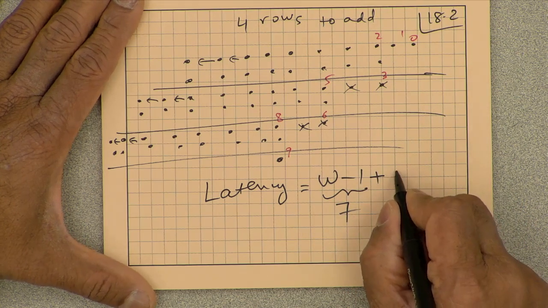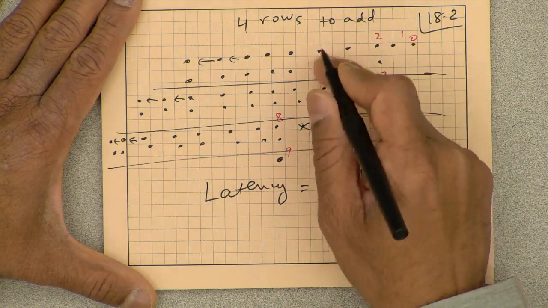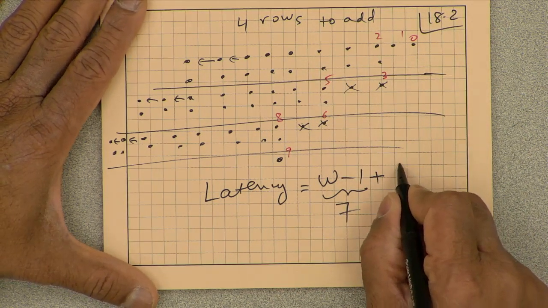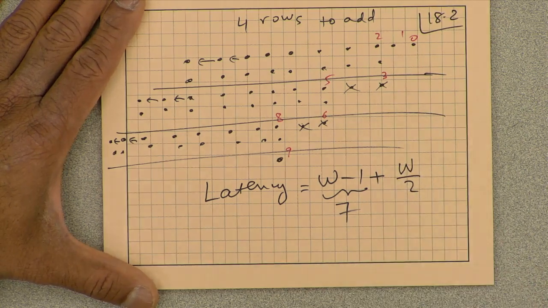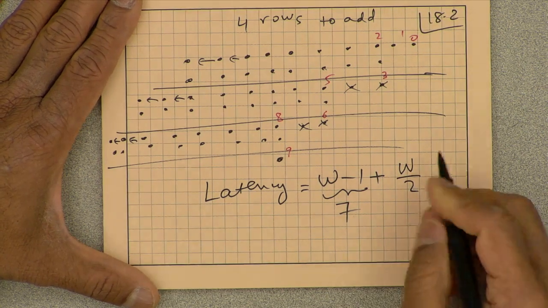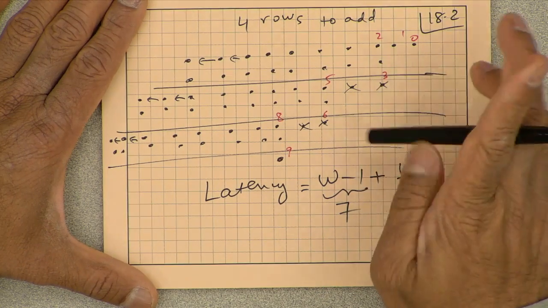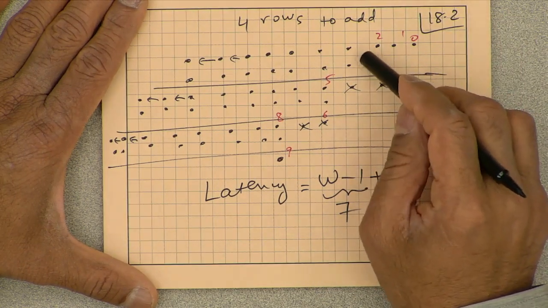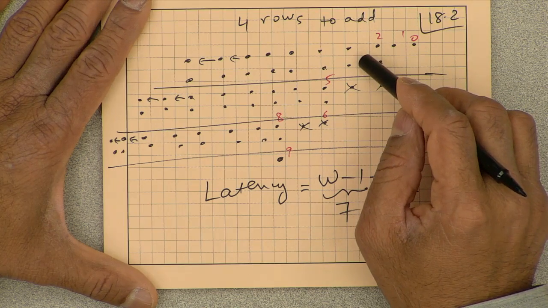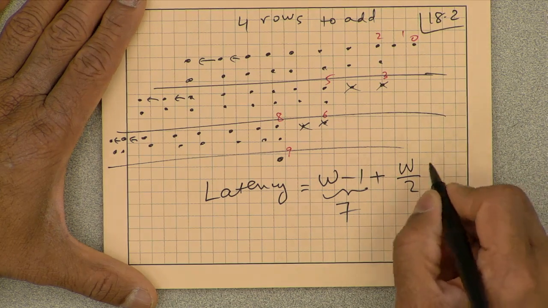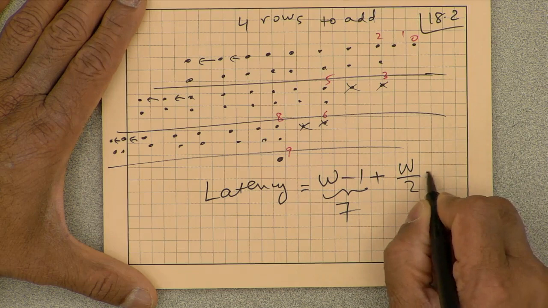So the 4 rows to add would be roughly about W by 2, which is, well, the number of adders should be W by 2 minus 1, I guess.